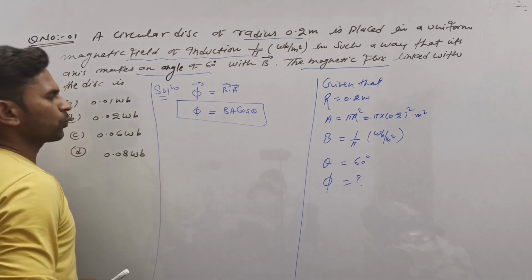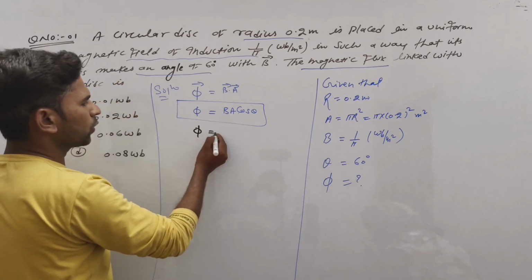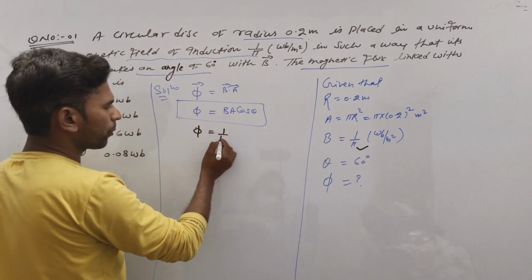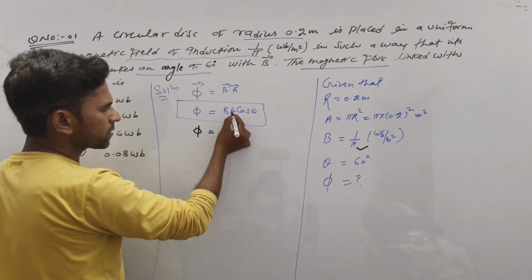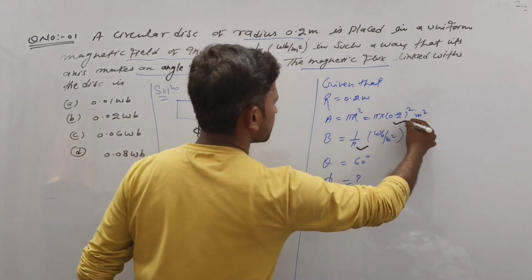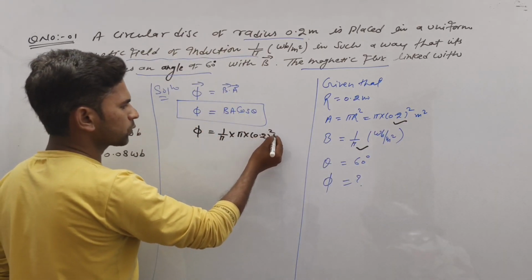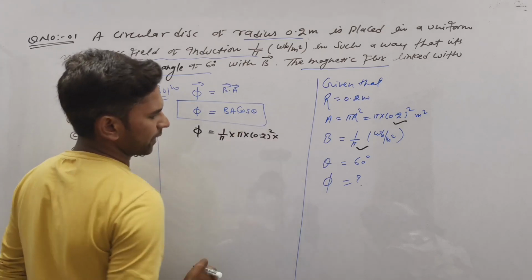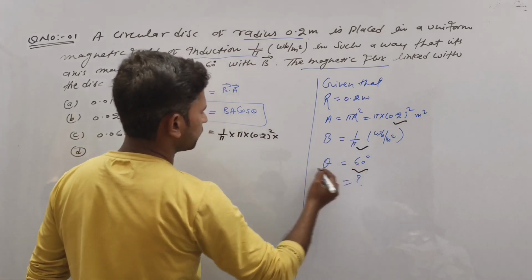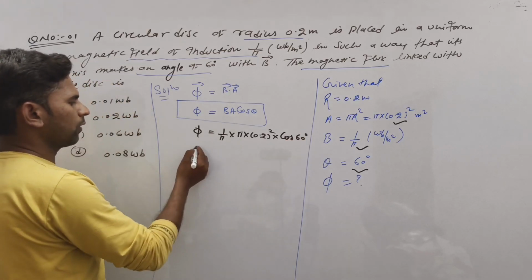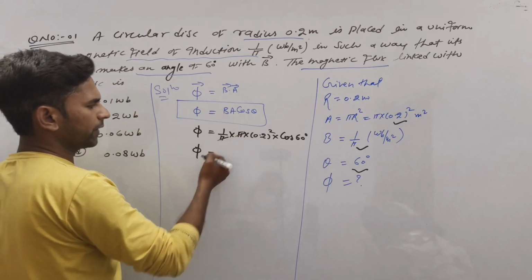Now you can just put the values. Phi is equal to, what is the value of B? B has the value 1/π, multiplied by, what is the value of A? A has the value π multiplied by 0.2 squared, multiplied by cos theta. Theta is 60 degrees, so you can put cos 60 degrees here. Now you can solve. Phi is equal to π cancels π.